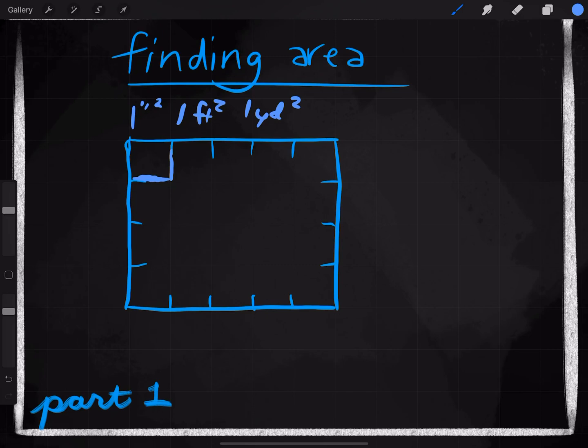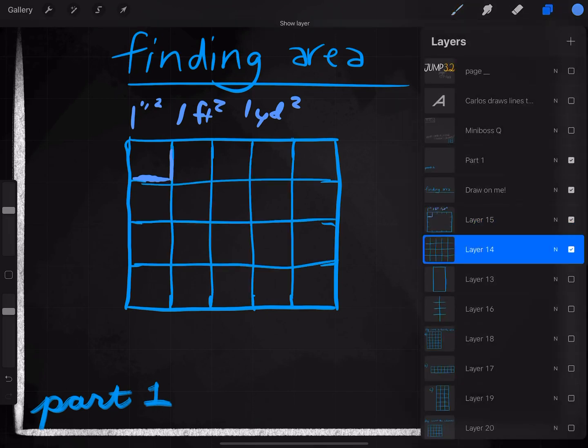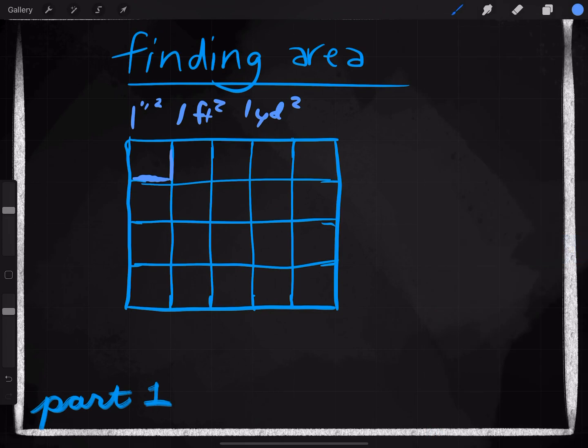If you divide your picture into boxes, you can find the area just by counting the boxes. So for this one, 1, 2, 3, 4, 5, 6, 7, 8, 9, 10, 11, 12, 13, 14, 15, 16, 17, 18, 19, 20. So it would be 20 square inches, for example.